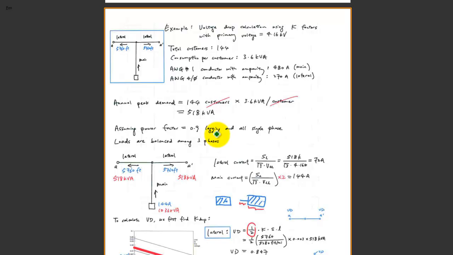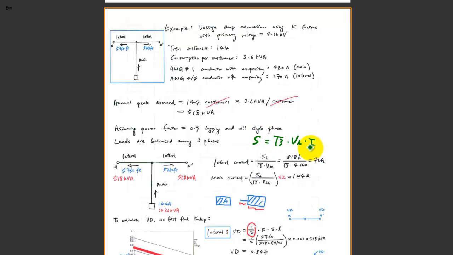The next thing would be we have to estimate how much current is flowing from this main and then to these 2 laterals. Now, the lateral current will be calculated as S over square root of 3 times VLL, right? This is the equation that we talked about earlier, square root of 3 times the line voltage and then the current, and that gives you the power.